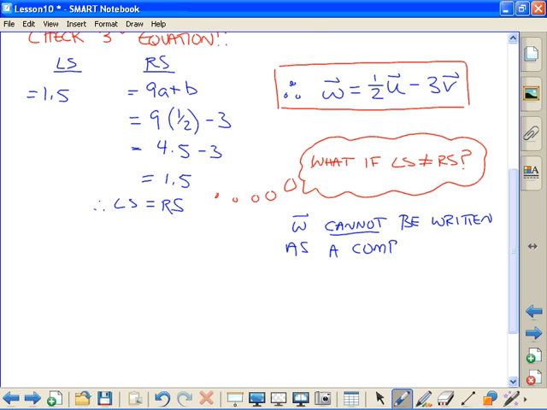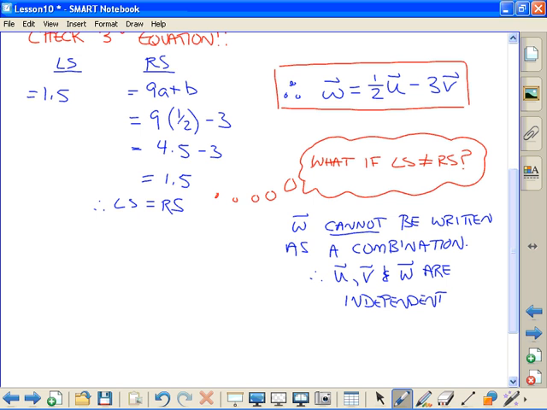And I'm getting a little bit ahead of myself in this case, because that's looking at the next unit. Therefore, u, v, and w are not independent.